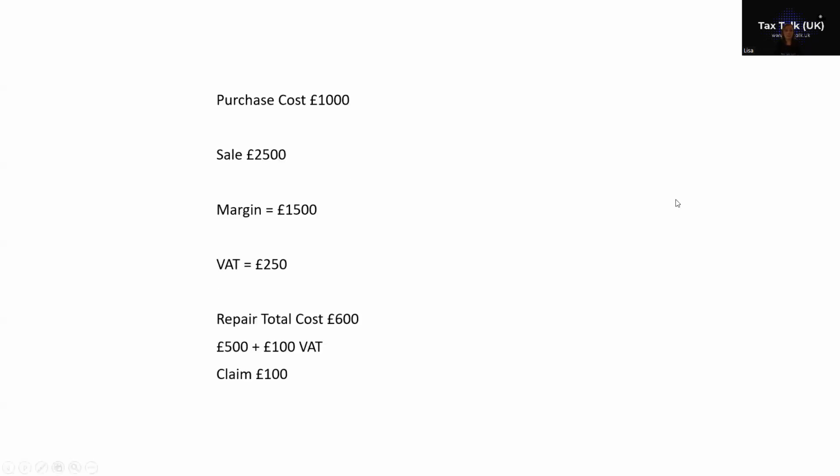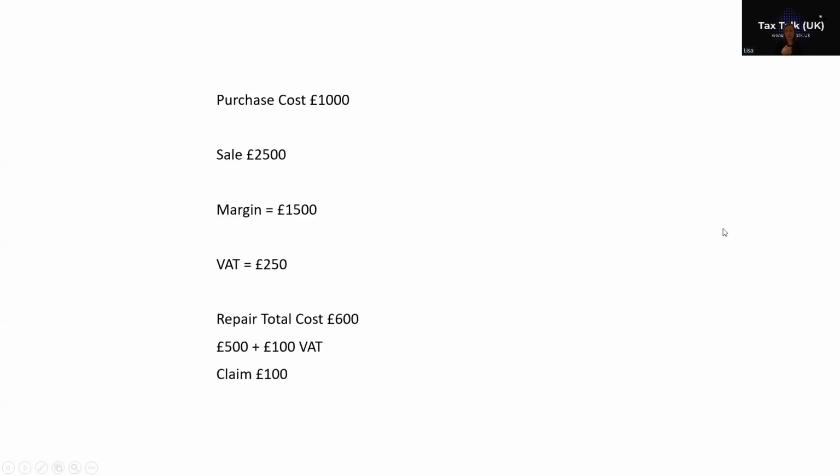So the margin on that transaction for the purposes of the VAT margin scheme is £1,500, and using the VAT fraction, which I've explained in other videos, so I won't go into detail on that, the VAT on that calculation would be £250. So we would be liable to HMRC for VAT of £250 in this transaction.